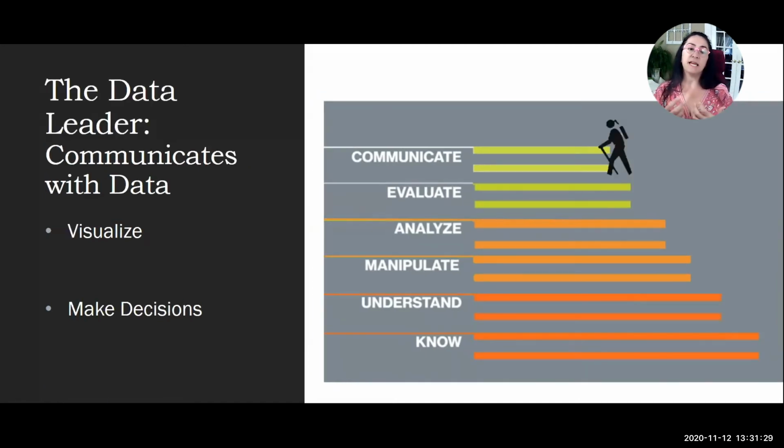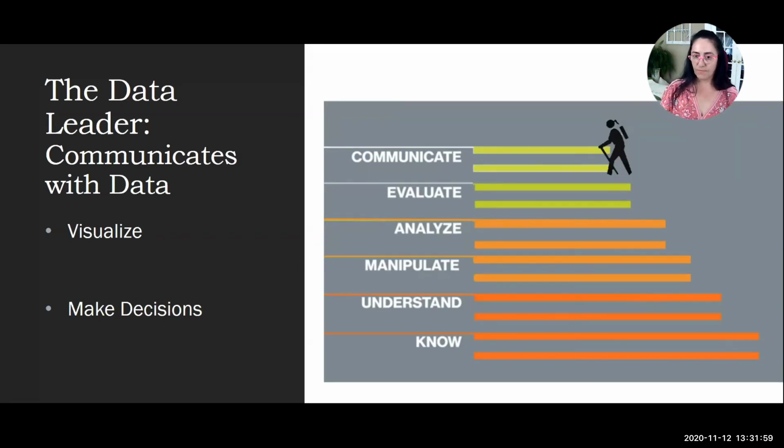Distinguishing them from the advanced data leader, who can communicate using the data, right? The data citizen who has made it to the data leader stage is able to visualize the data and therefore share it in a way that is concise and poignant, directed at the decisions that need to be made.